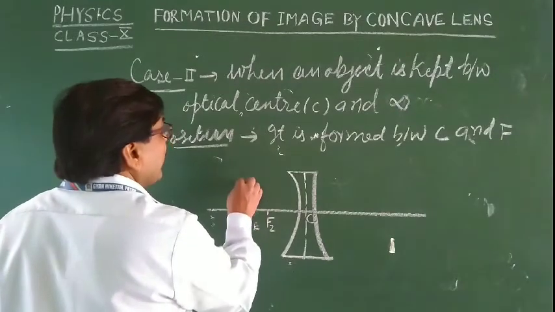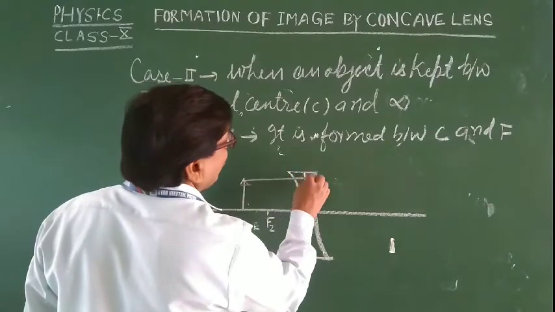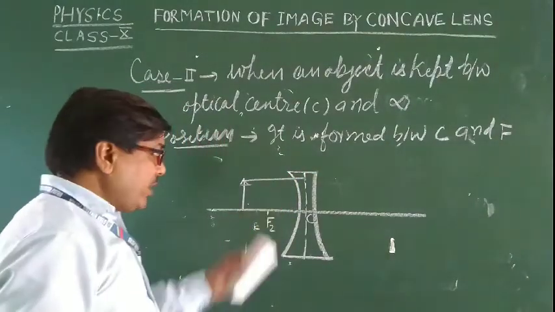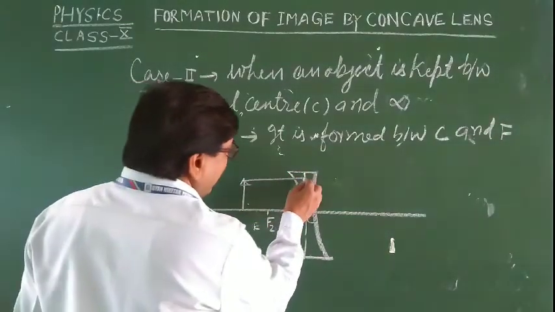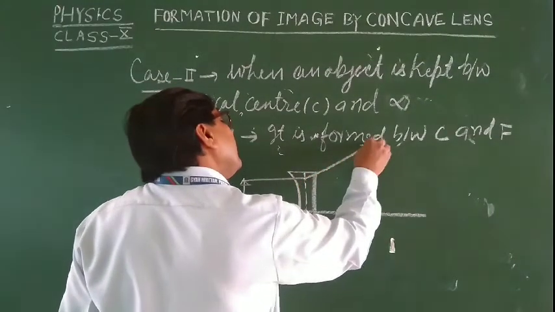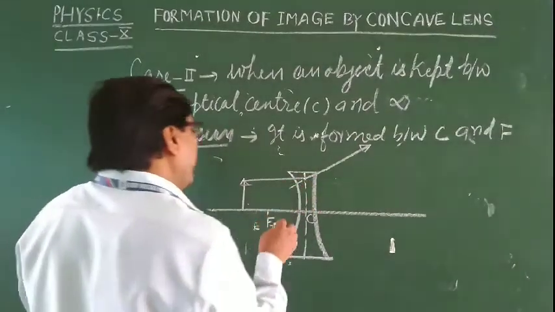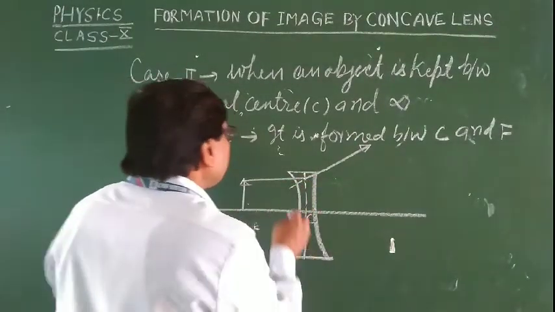This is the object AB. Now take an incident ray parallel to the principal axis. After refraction, it diverges away, appearing to pass from the focus.